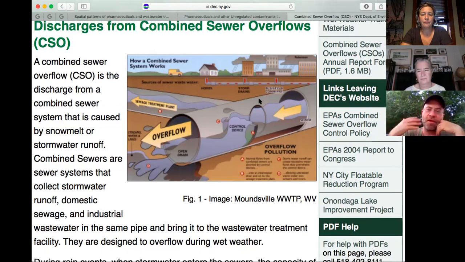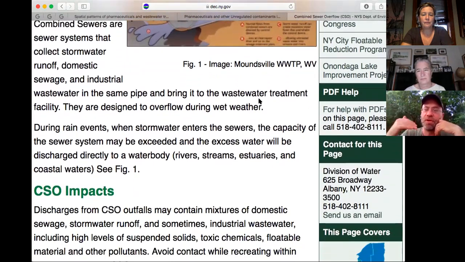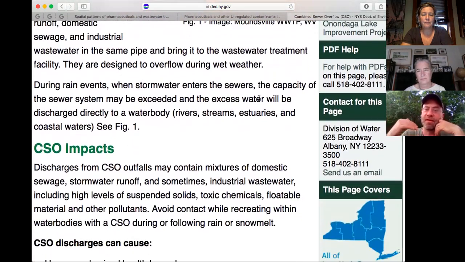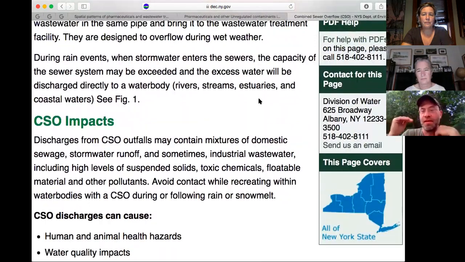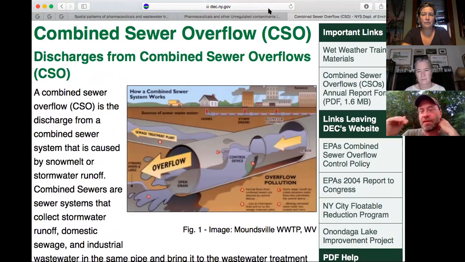And the Clean Water Act really only requires communities to reduce but not eliminate their overflows. And Kingston has met the Clean Water Act requirement as the state has implemented it, and it's trying to do more. So the city really deserves a lot of credit for that.